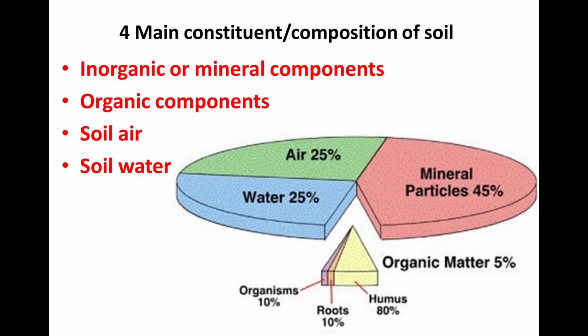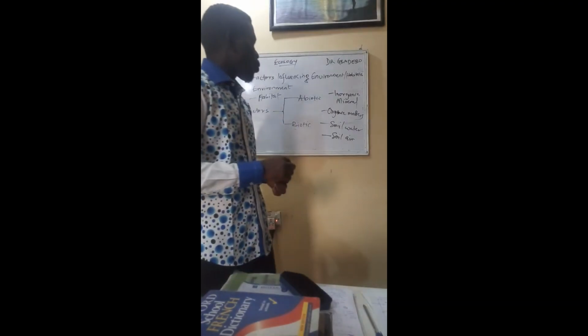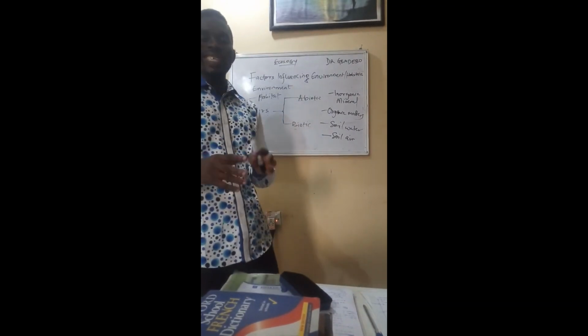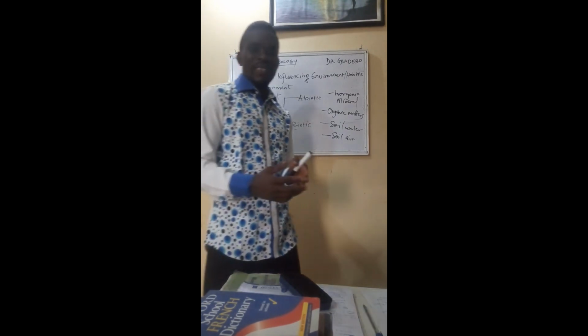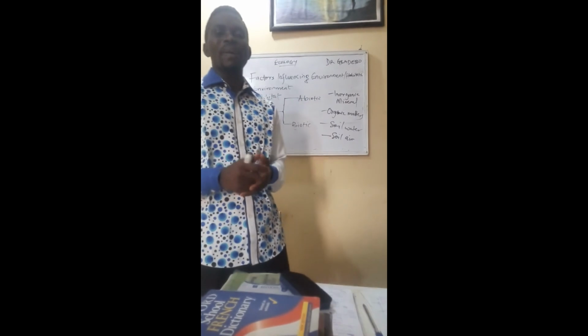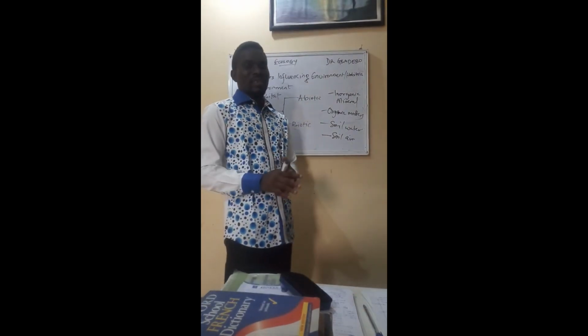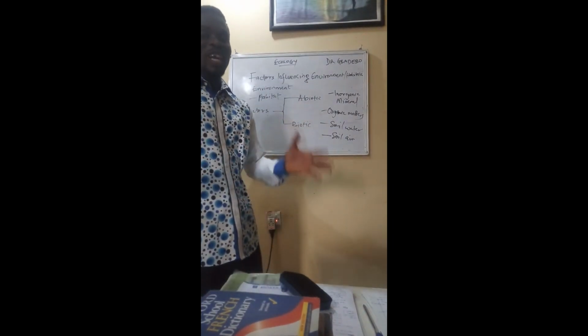All these four constituents vary in their quantities and in their degree of availability depending on the type of soil that is present in a particular place or in a particular environment.